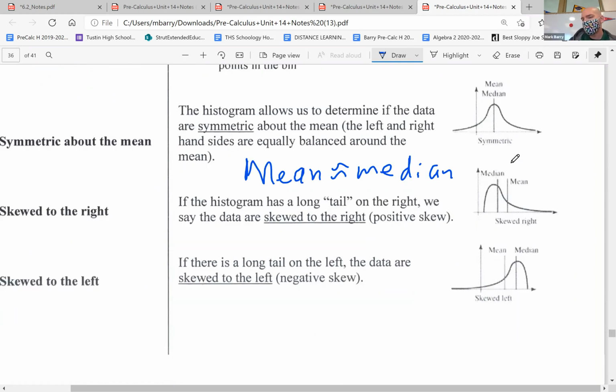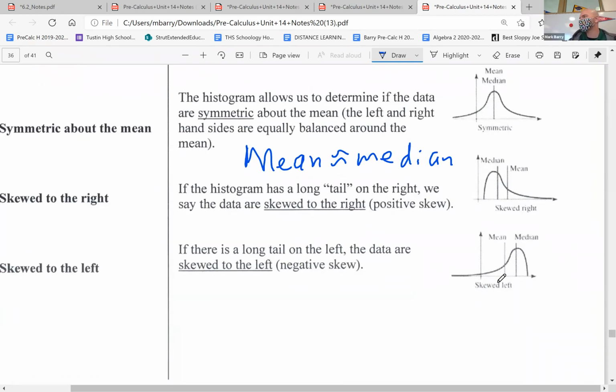Next up is skewed right, all right? And then skewed left, okay? And we'll compare and contrast these. Now, some people may be thinking I mixed these up, like, hey, Mr. Berry, this one should be skewed left because most of the data is on the left, but that's not true, okay? I put it correctly. So for skewed right, the little trick I always remember is I would want to ski to the right.